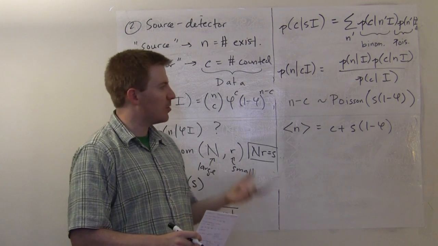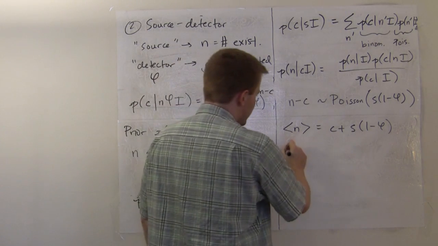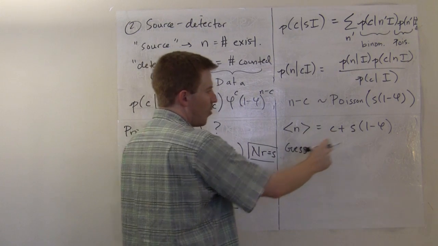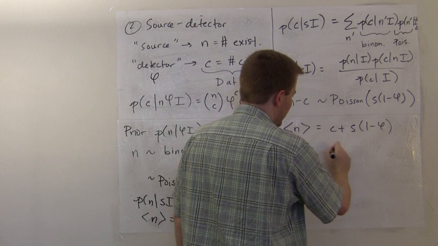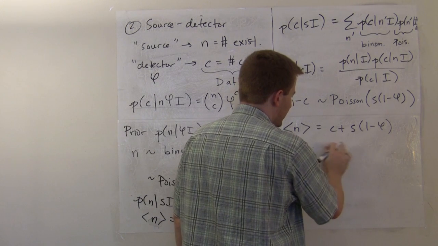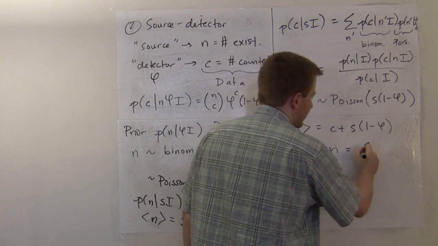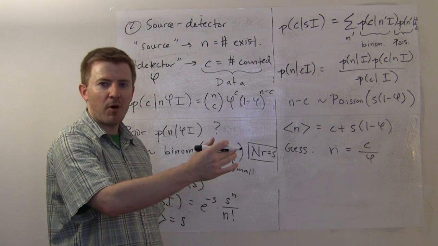It's a little bit, I think, counterintuitive because you might think what we should do is, well, we got C in the count and we know the counter efficiency is this number phi, so we might just guess a value of n, or an estimator of n, that is the number that we counted divided by the efficiency, kind of scaled up by the appropriate quantity.